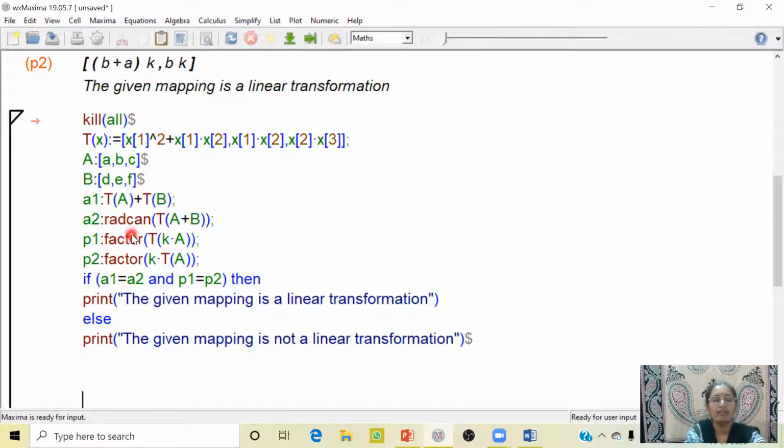Here once again we have used the two built-in commands, that is radcan and factor, for simplification, because Maxima doesn't evaluate the expression, it only simplifies. So we use built-in commands like radcan, radsimp, factor, etc. to simplify the expressions. Here radcan is used on T of a plus b, wherein it multiplies the terms and gives the required expression. So let us execute this and see what will be the output.